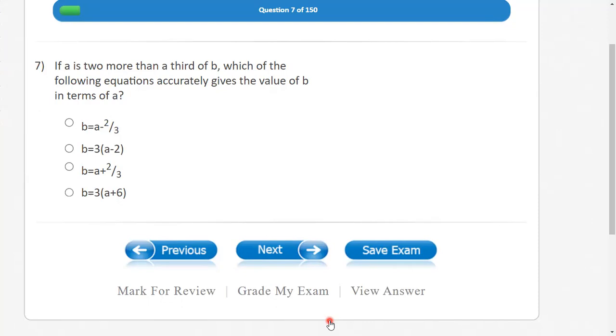A equals 2 plus, two more, so B divided by 3. Okay, wait, one third of B. Which of the following equations gives the value of B in terms of A?